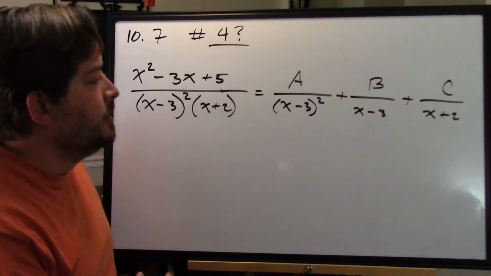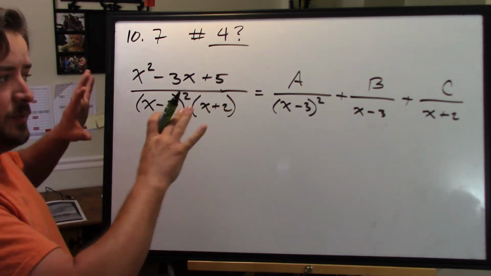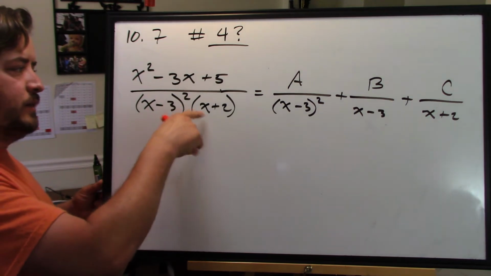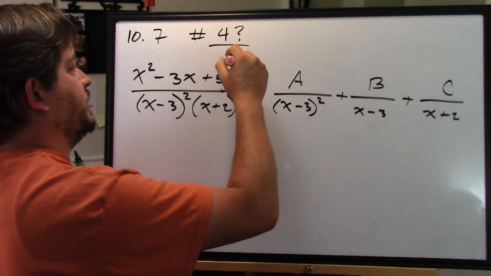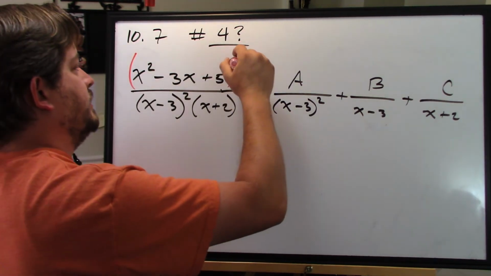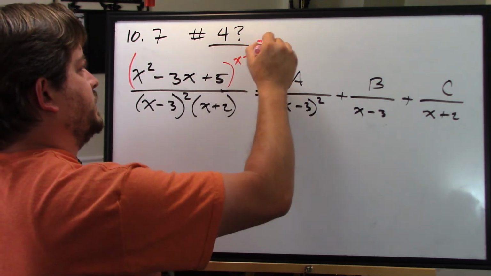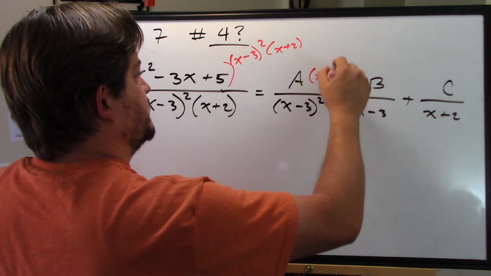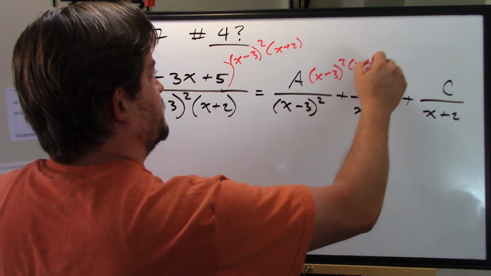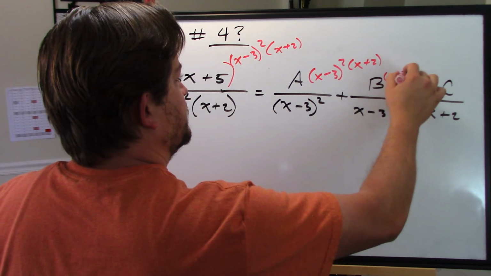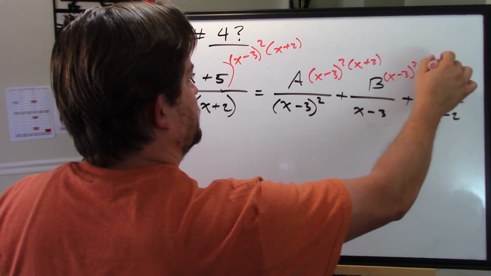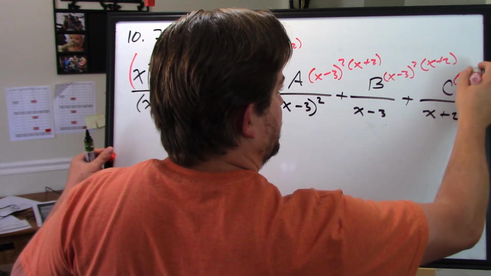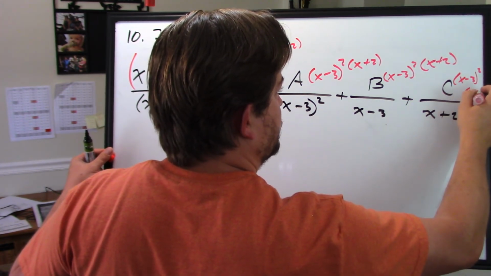Right? But again, I'm going to have to solve this, I'm going to have to clear the fractions. So I'm going to have to multiply everything by x minus 3 squared and x plus 2. So I will multiply this guy by x minus 3 squared, x plus 2, and every term on the right hand side by x minus 3 squared, x plus 2.